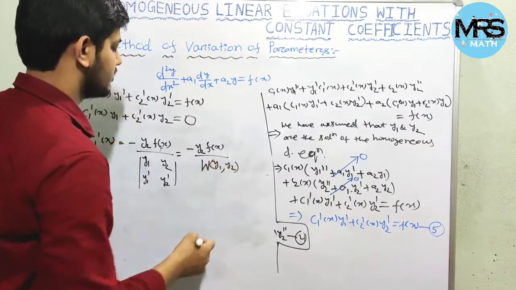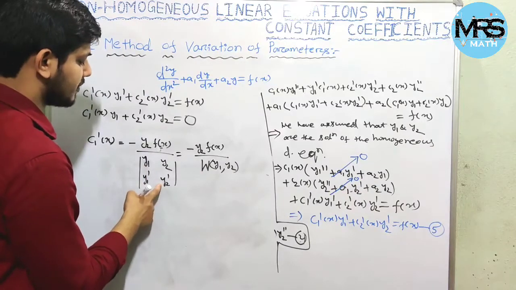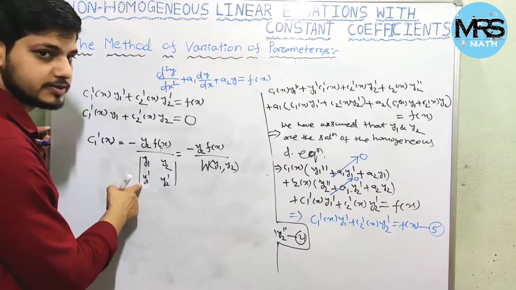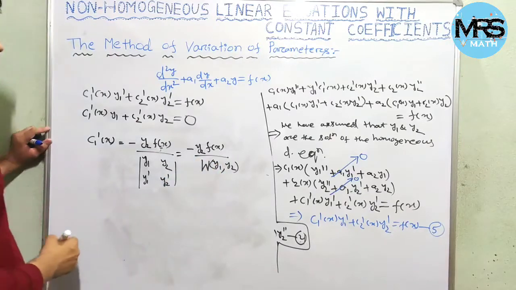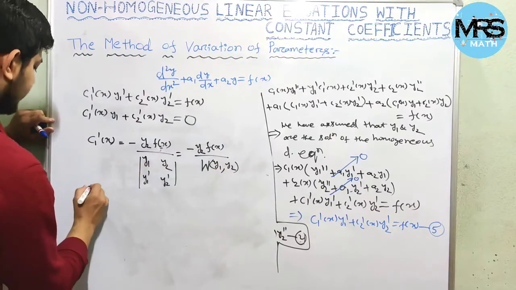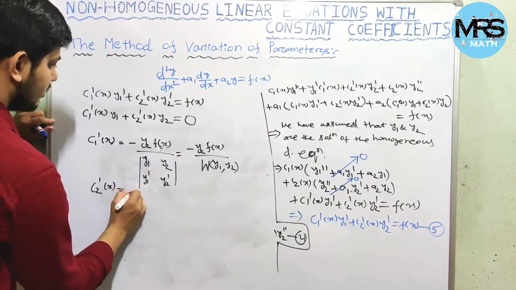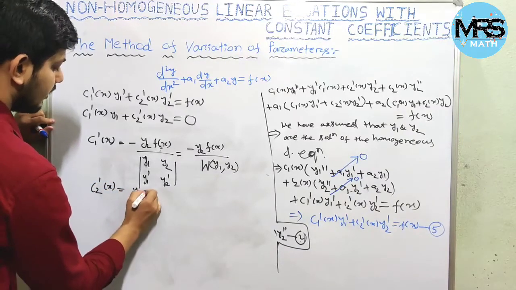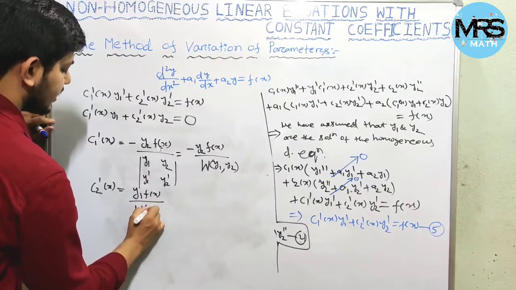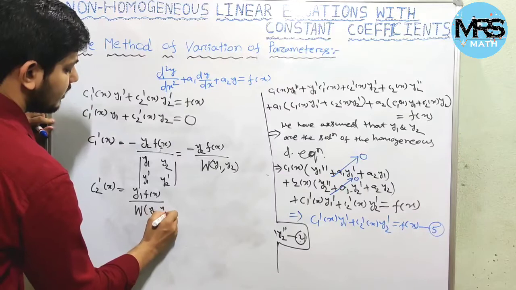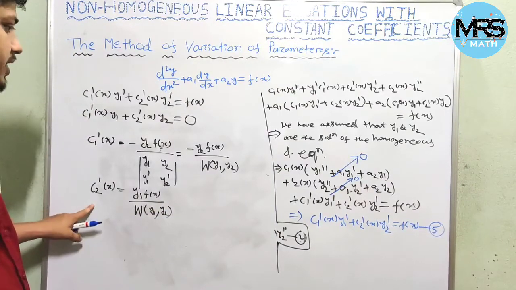So what is this Wronskian? That is y1 y2 dash minus y2 y1 dash. So the determinant of this is our Wronskian of y1 and y2. Similarly, c2 dash x will be y1 into f of x divided by Wronskian of y1 and y2. So this is our c1 dash and c2 dash.